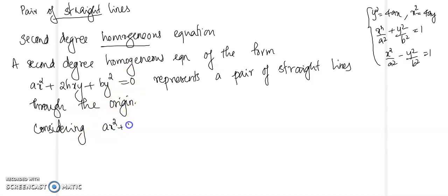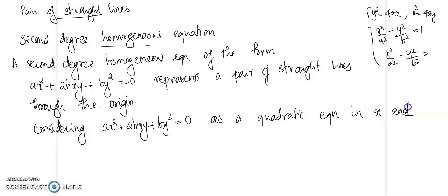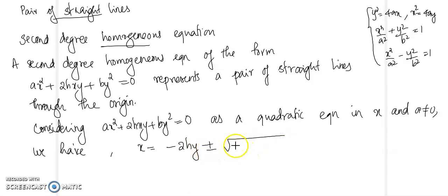So considering ax square plus 2hxy plus by square equal to 0 as a quadratic equation in x and a not equal to 0, by the formula for solving quadratic equations, you will get x equal to minus 2hy plus or minus root of 4h square y square minus 4a into b y square, divided by 2a.